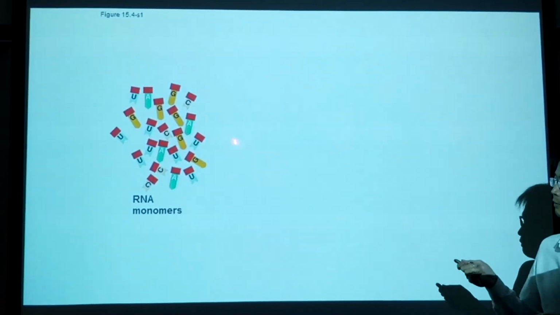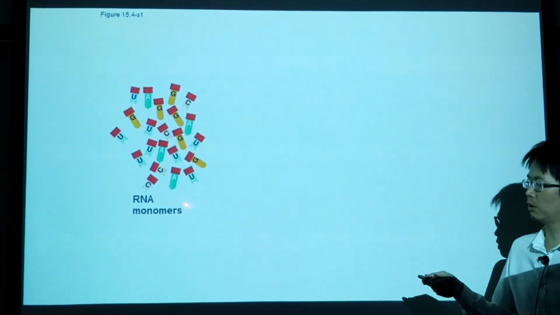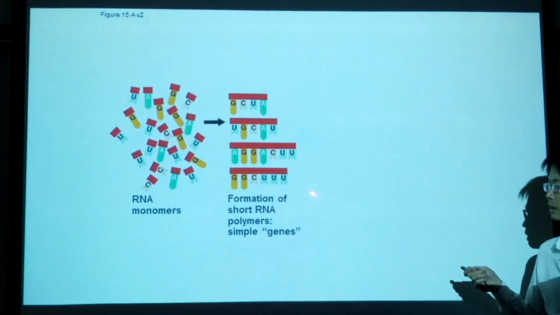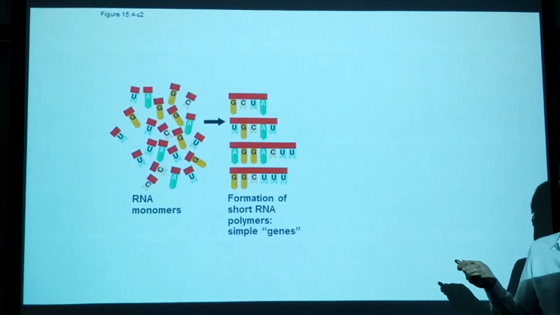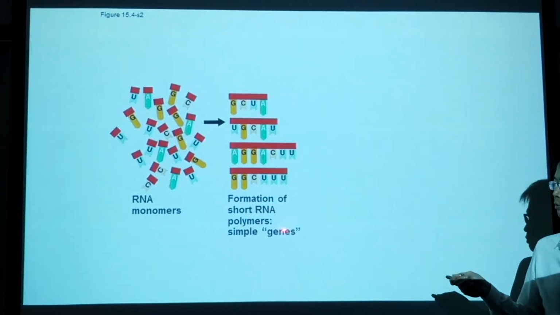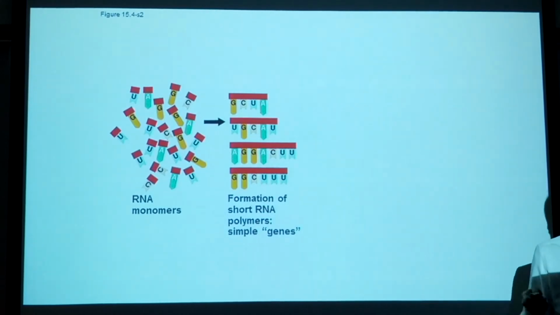So at first you have all the RNA monomers. Mono, that means they are all nucleotides. And then they start to connect to each other to form the polymer of RNA, or we call it simple genes.